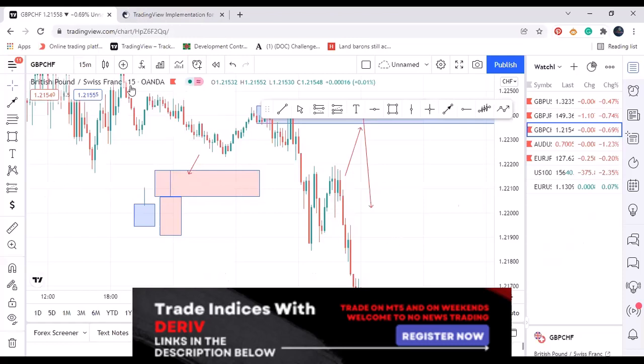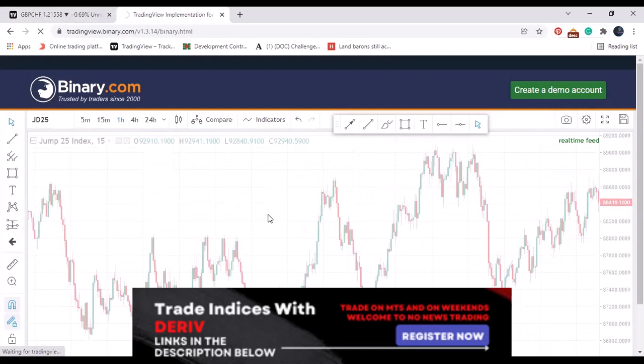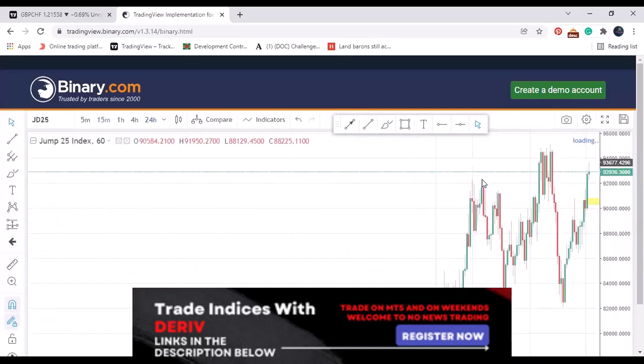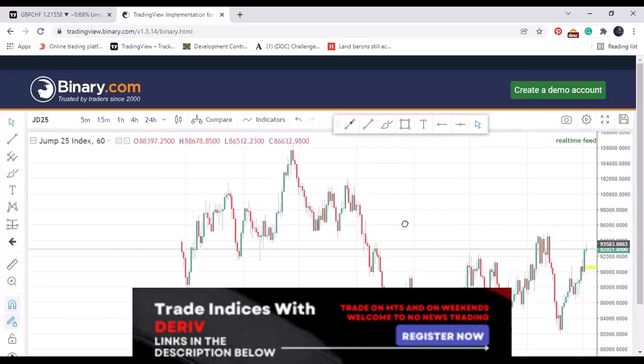We just go and try to find the last line of defense within that order block, and that's how we refine order blocks. And if we have wicks, we take the wick as the rejection block and we use that as our last line of defense.